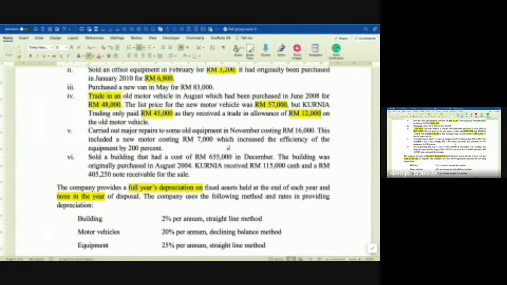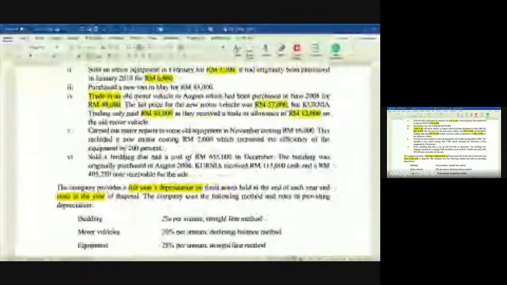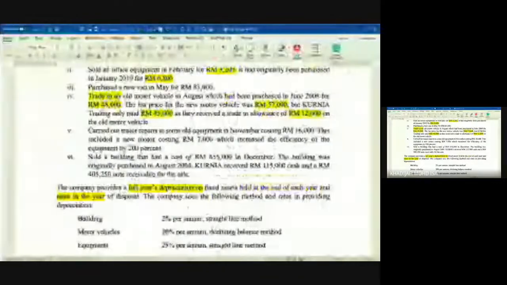What is the cost of the motor vehicle? It was purchased in June 2008 for 48,000. So let's do this. June, you purchase in 2008. The cost is 48,000.